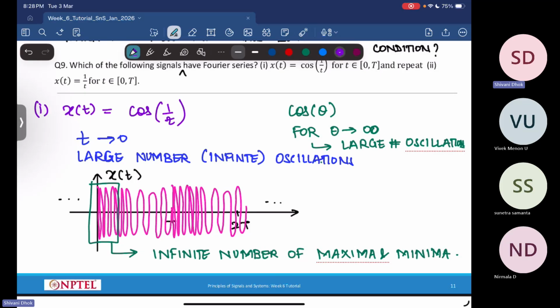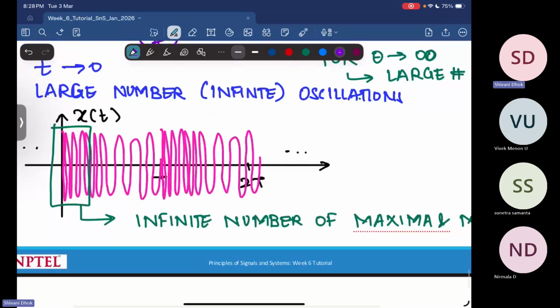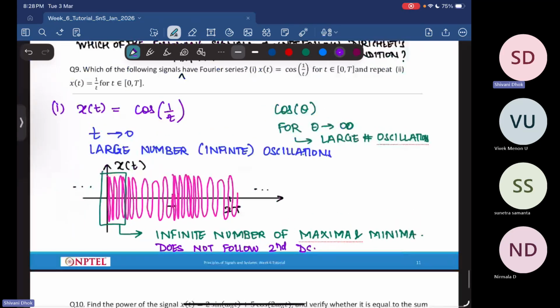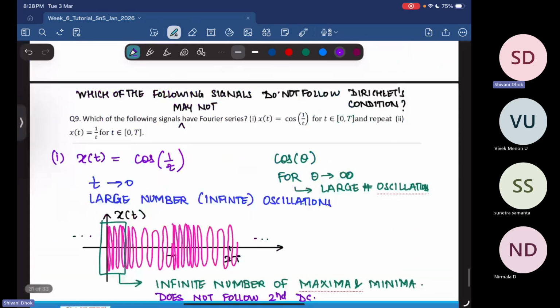It does not follow the second Dirichlet condition. So there is a chance that this particular signal will not have a Fourier series. We can't say with certainty that this signal will definitely have a Fourier series. It may not have the Fourier, not transform, series, sorry.